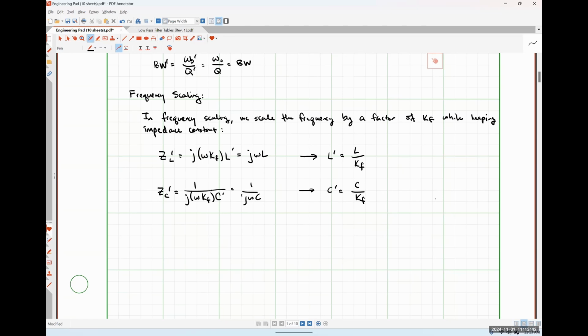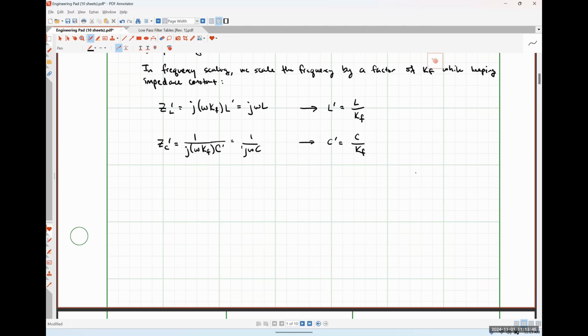So let's look at what happens then to our resonant frequency, quality factor, and bandwidth. Once again, just deriving things for a series resonant circuit, but it'll work the same way for parallel resonant circuits. So our scaled version of our resonant frequency is once again going to be 1 over the square root of L prime C prime.